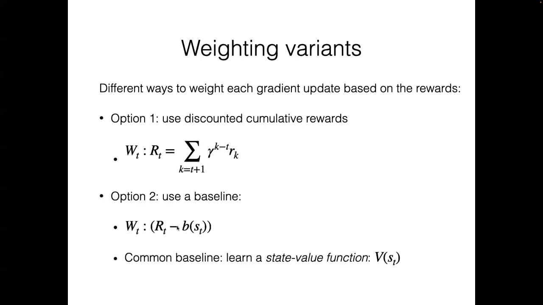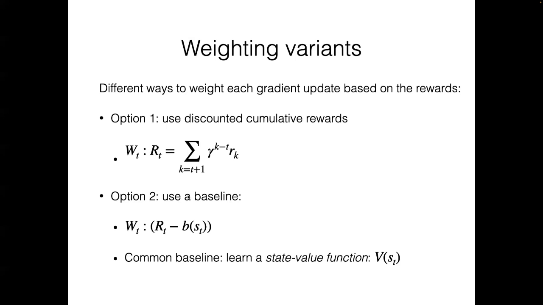Another thing you can do is to use a baseline. So here you have your reward. Again, this could be at a time step level, or it could just be at a full sequence level. And now you want to subtract this baseline. The idea here is that as your model gets better and better, maybe it's always getting positive reward.